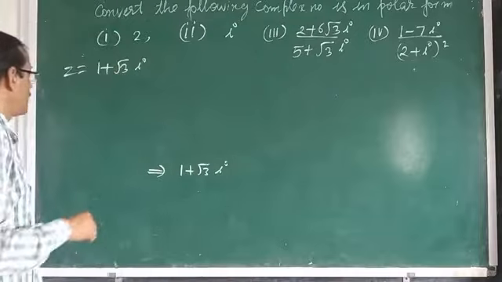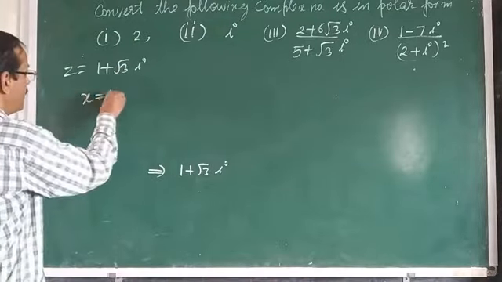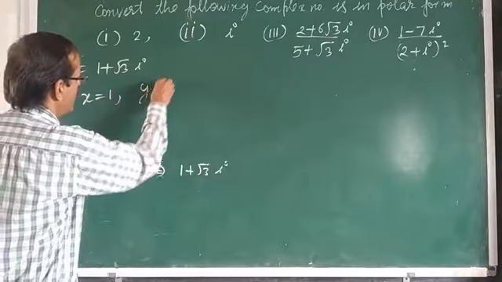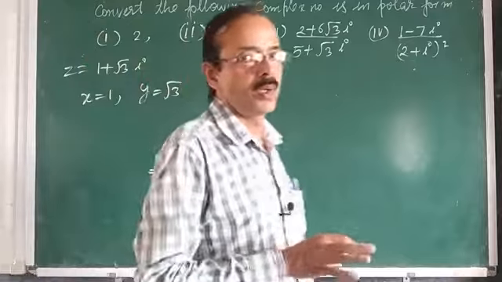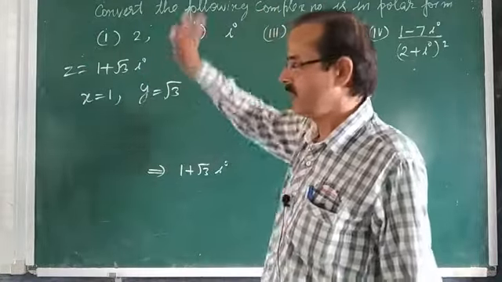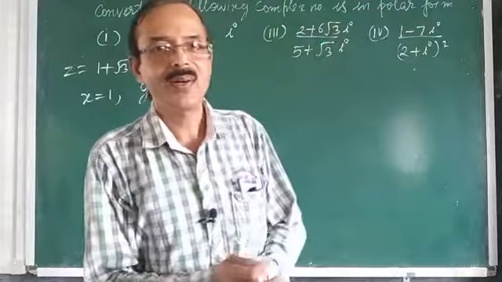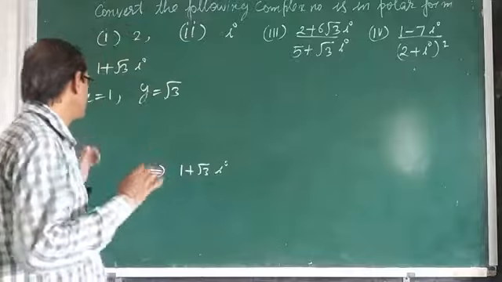If we compare with x plus iota y, then x is equal to 1 and y is equal to root 3. Both are positive, x positive and y positive. Can you say what the quadrant is? That will be in the first quadrant because both are positive.